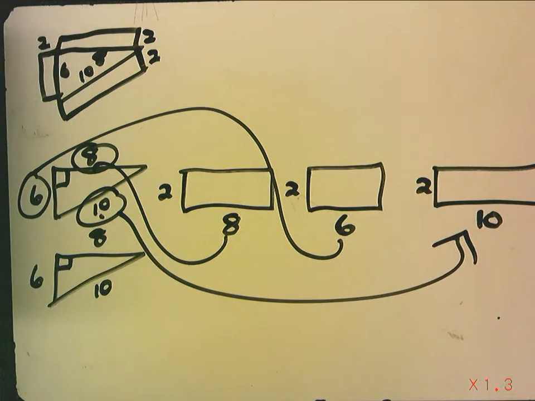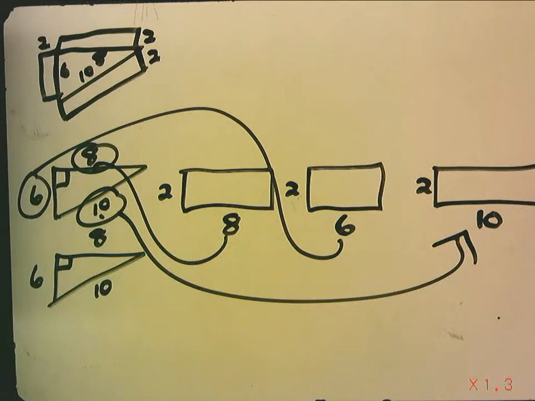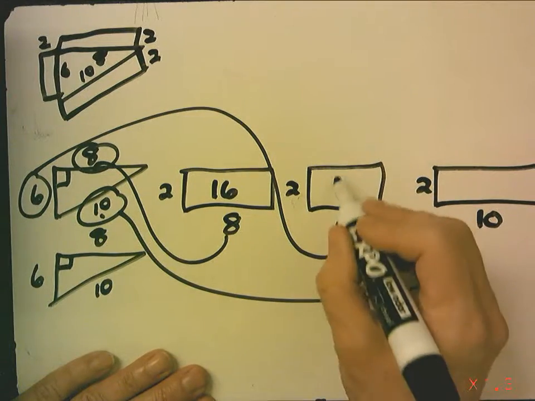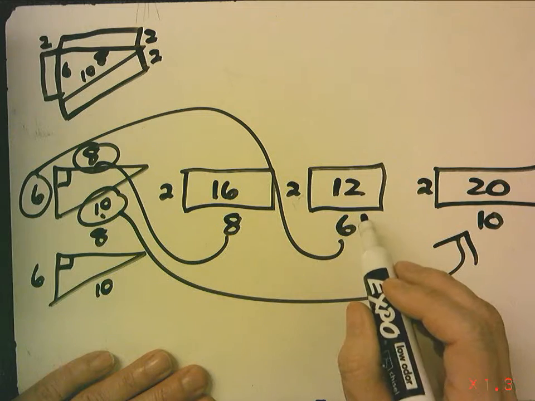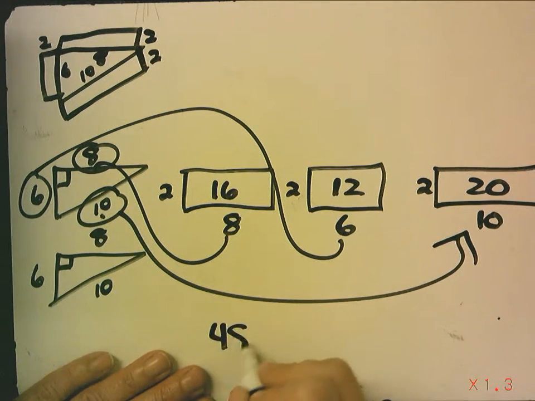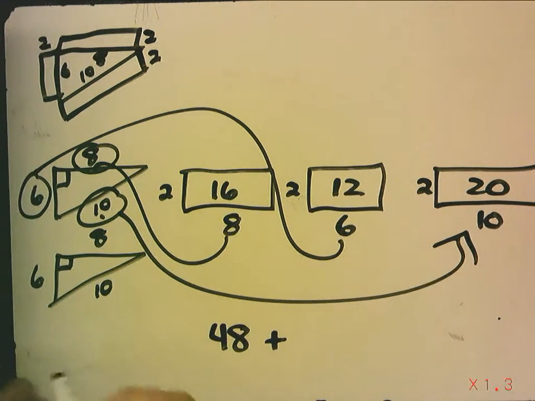Now I just have to find the area of my individual faces, and that will give me the surface area of this triangular prism. The area of the rectangles is very simple. This is 16, this is 12, this is 20. 16 plus 12 is 28, plus 20 is 48. Now, to the 48, I just have to add the area of the triangles. Area of a triangle is base times height over 2.